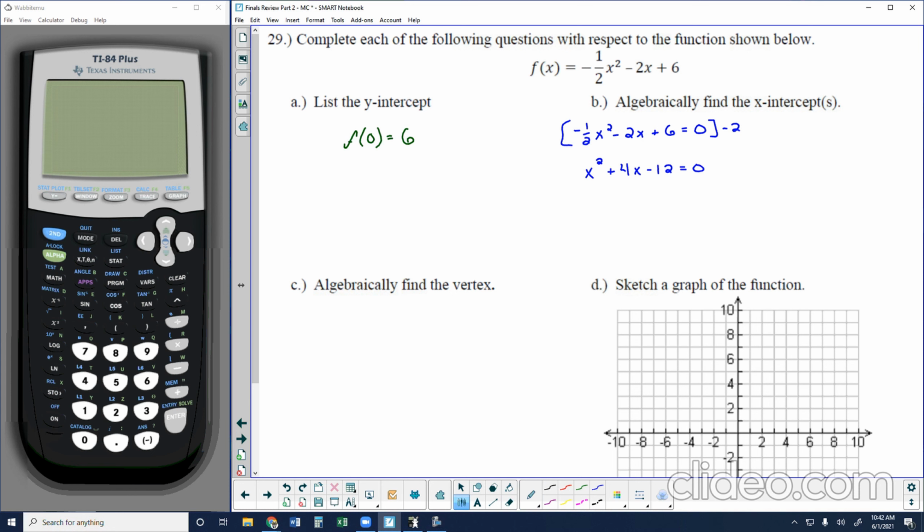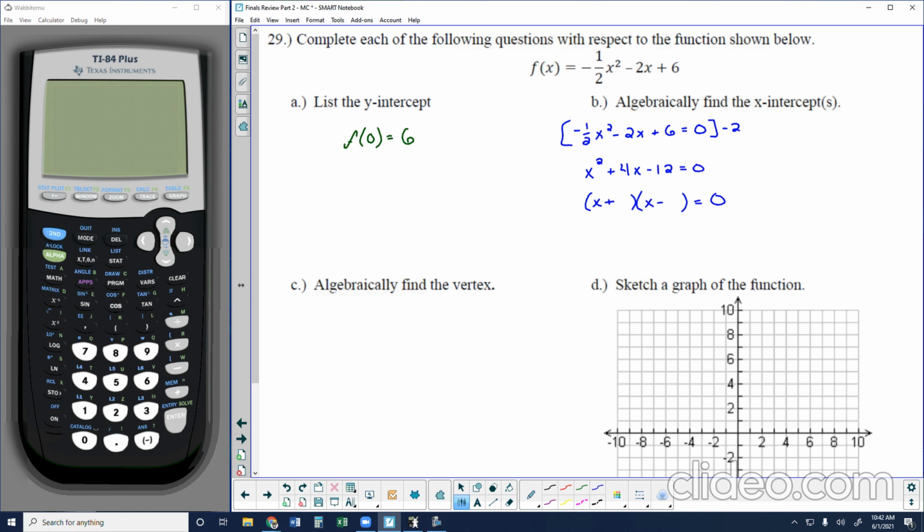So here I may try to factor this. In looking to factor, I would see that this has an x and an x, because my coefficients would need to be factors of negative 12. One has to be positive, one has to be negative.